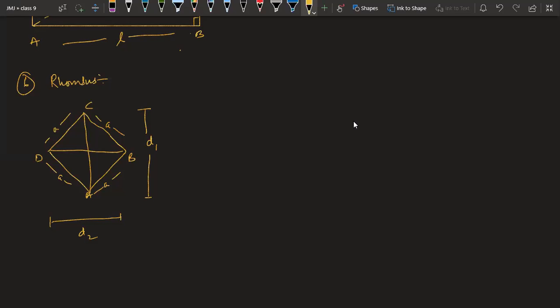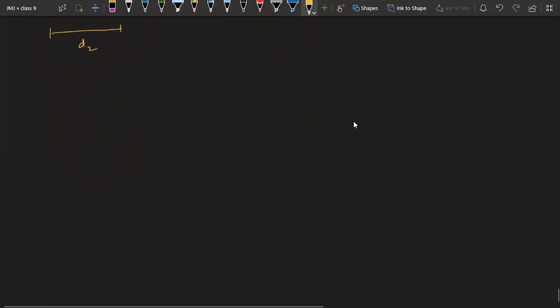Yes, Bhavya is correct. First, perimeter will remain the same, 4A, the length of all sides. Area will change. In this case, it will be half D1 into D2. Yes, Abhishek, not D1 D2, it is half D1 D2. Bhavya, Utkarsh, and Ananya, correct. Fine. So this was the area of rhombus.